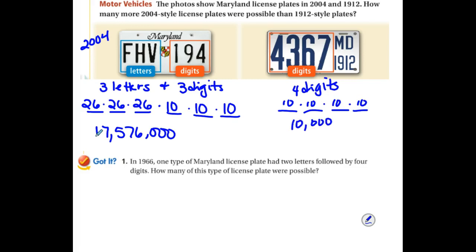Now the question said, how many more of the 2004 plates did we have compared to the 1912 plates? So if we subtract those, we get what? 17,566,000? We subtract 10,000?